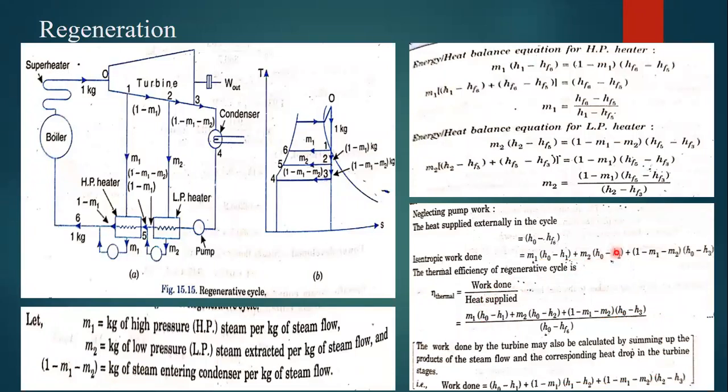In the textbook, he has substituted M1 of H0 minus H1 plus M2 of H0 minus H2 plus (1 minus M1 minus M2) of H0 minus H3, divided by the heat supplied. We have already found H0 minus HF6. In that way, we are going to calculate the thermal efficiency.